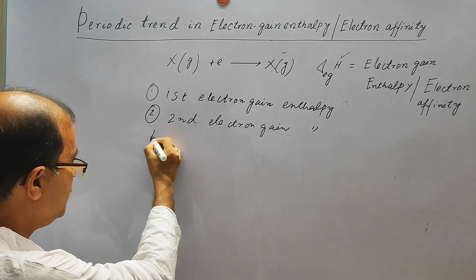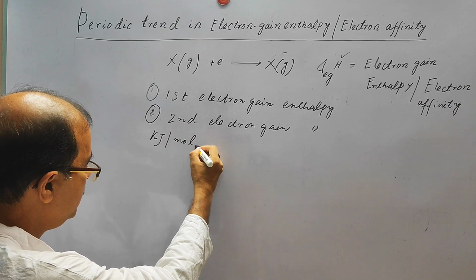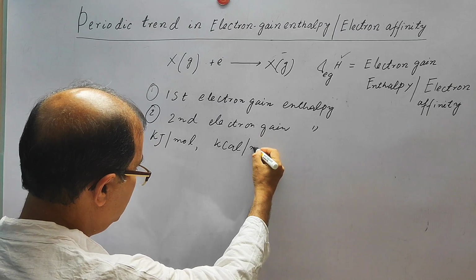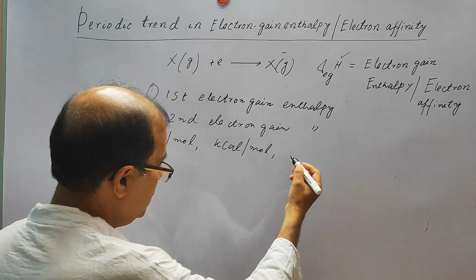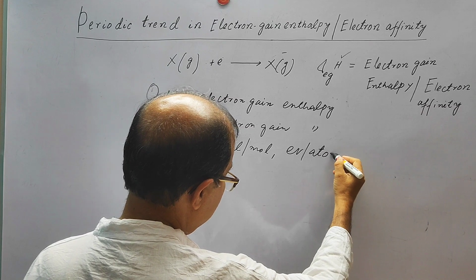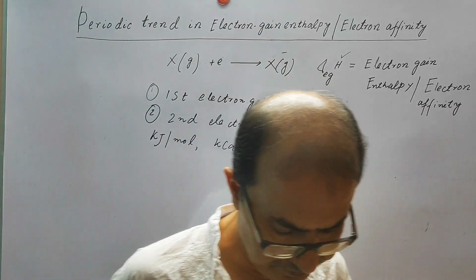The units of the enthalpy are kilojoule per mole, or it is expressed as kilocalorie per mole, or electron volt per atom. These are all the units of the electron gain enthalpy.